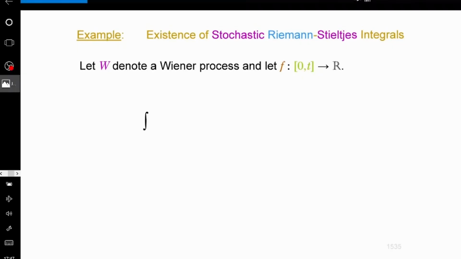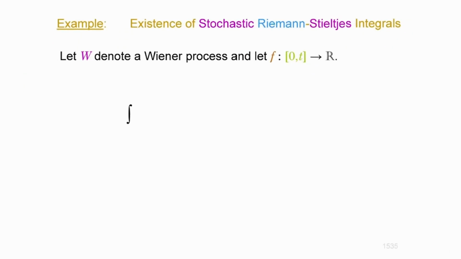Okay, so we are going to look at an example for the existence of stochastic Riemann integrals. Now we're going to look at a deterministic function, integrated with respect to a Wiener process. If the function is equal to the identity, then the question is what happens.